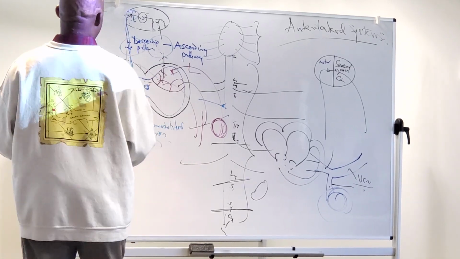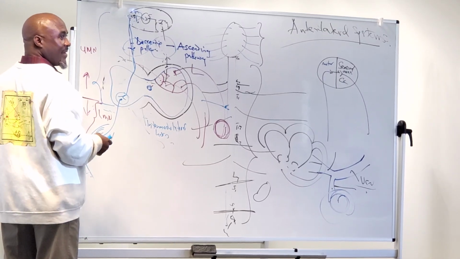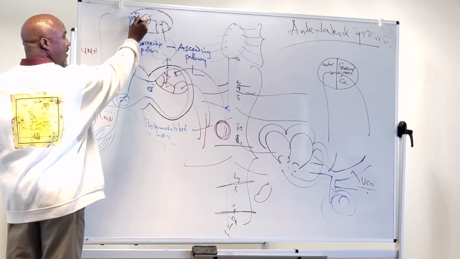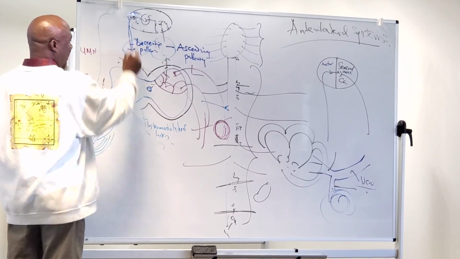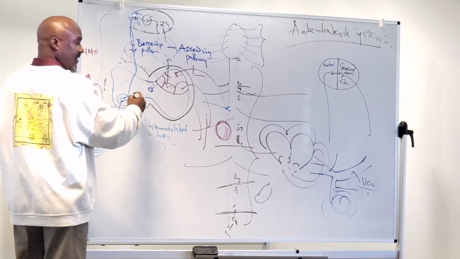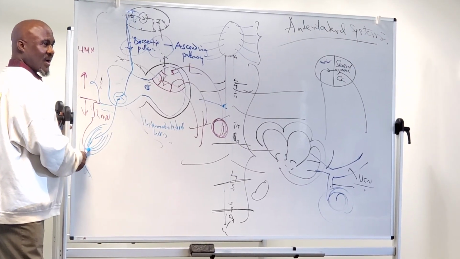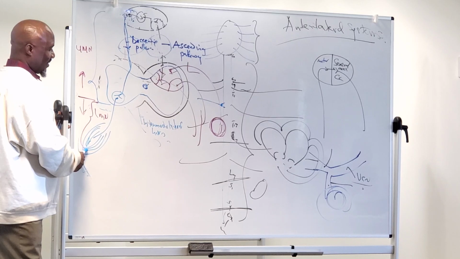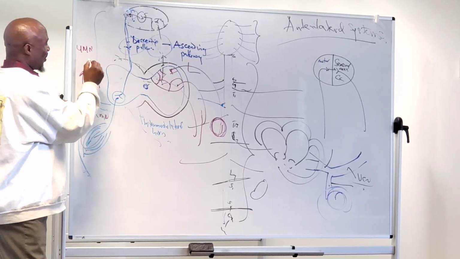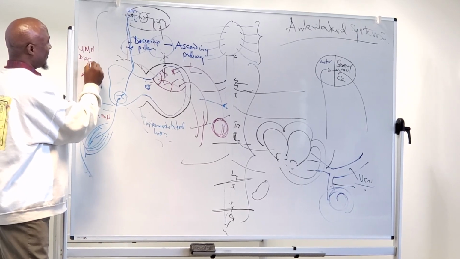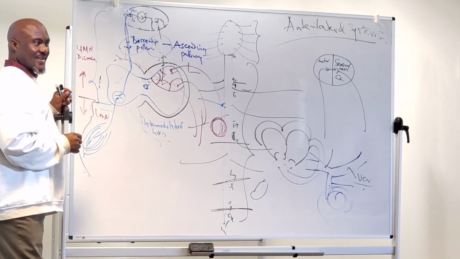If there is a problem from here to here, either manifesting as damage to the brain, damage to the spinal cord, or infection at any of these, this muscle will be diseased somehow. And that kind of disease is going to be called upper motor neuron disease.